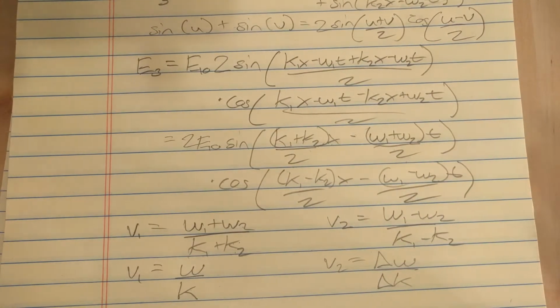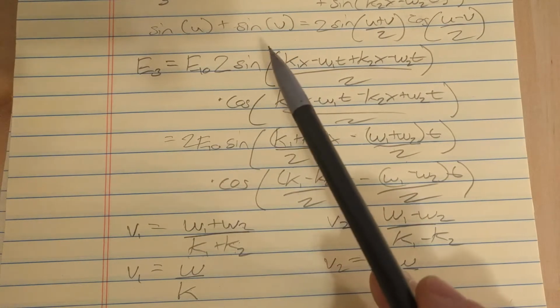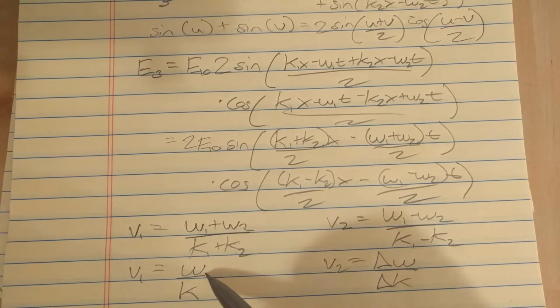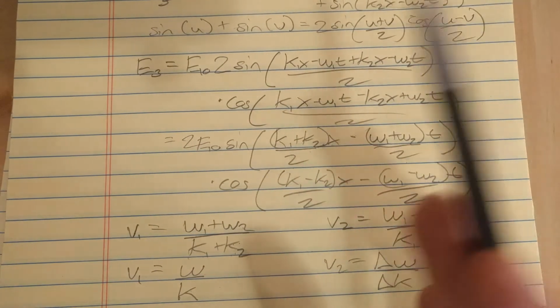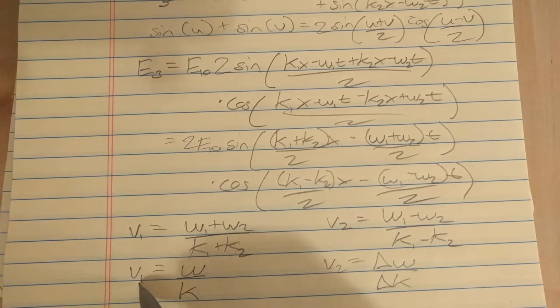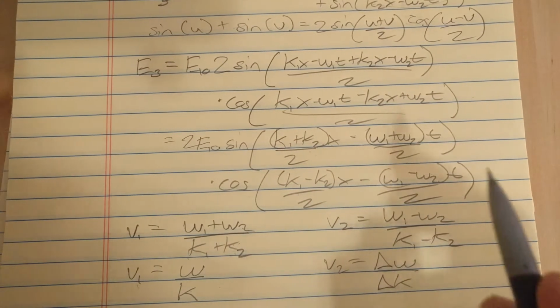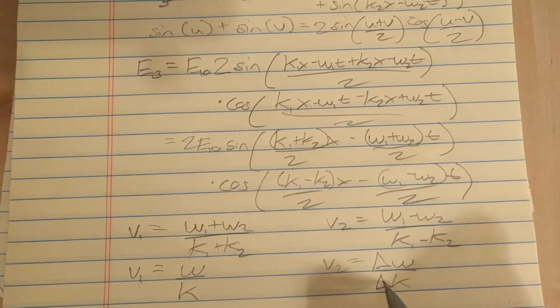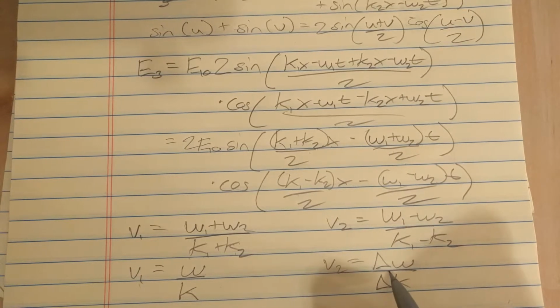Essentially, that's nearly the same speed, because of our assumption that they're nearly monochromatic. So that is called the phase velocity, and that's v1. Another thing is called the group velocity, and that's v2.